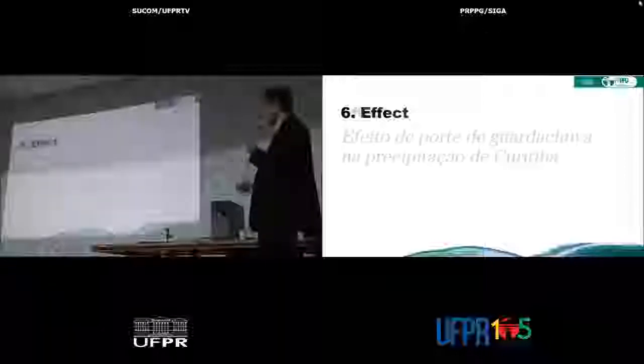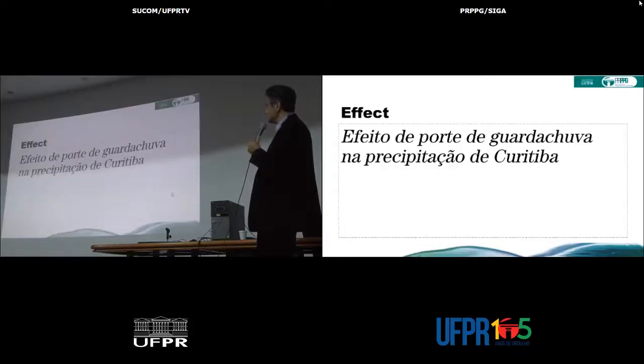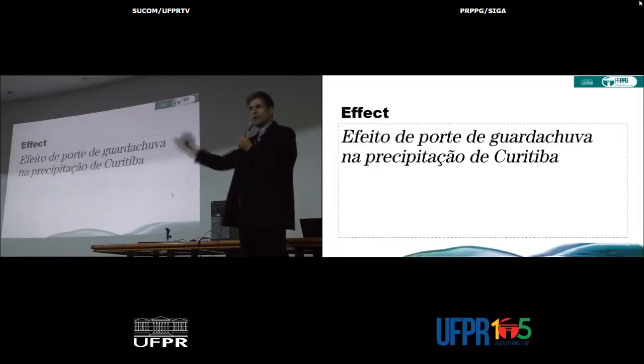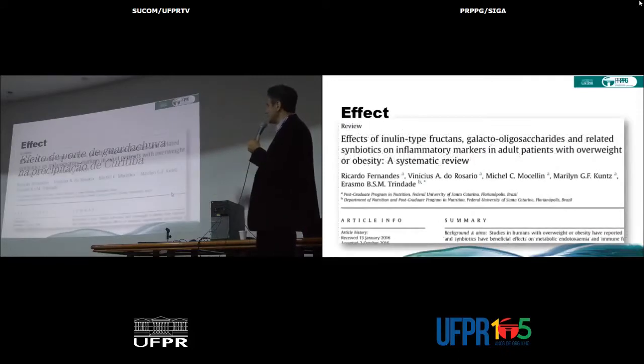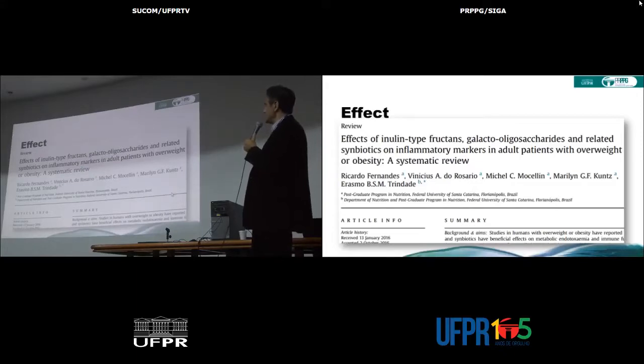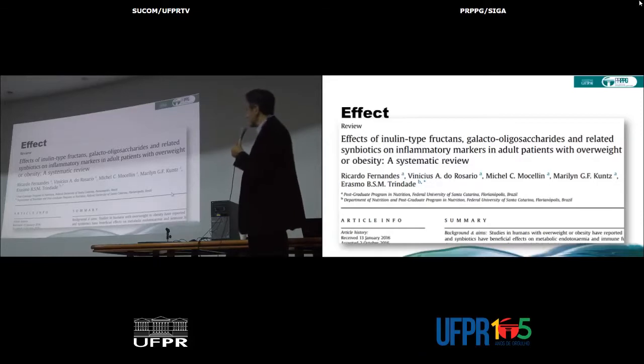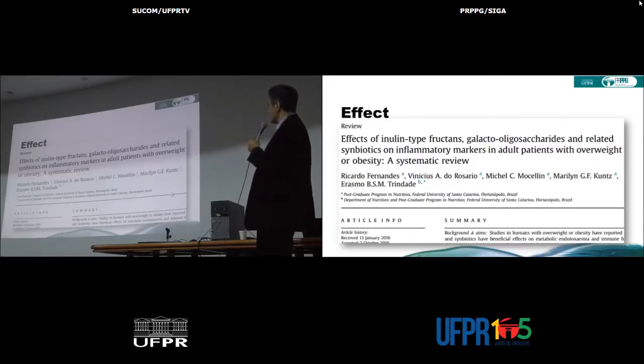Okay, then you have titles that focus on an effect. These are very common as well. It's usually the effect of X on Y. So here you have: Effects of inulin-type fructans, galacto-oligosaccharides, and related synbiotics on inflammatory markers in adult patients with overweight and obesity: a systematic review.